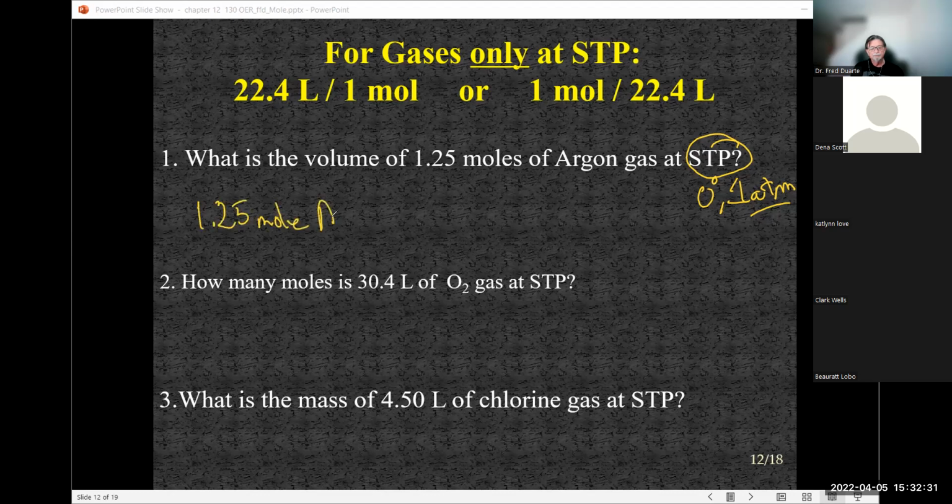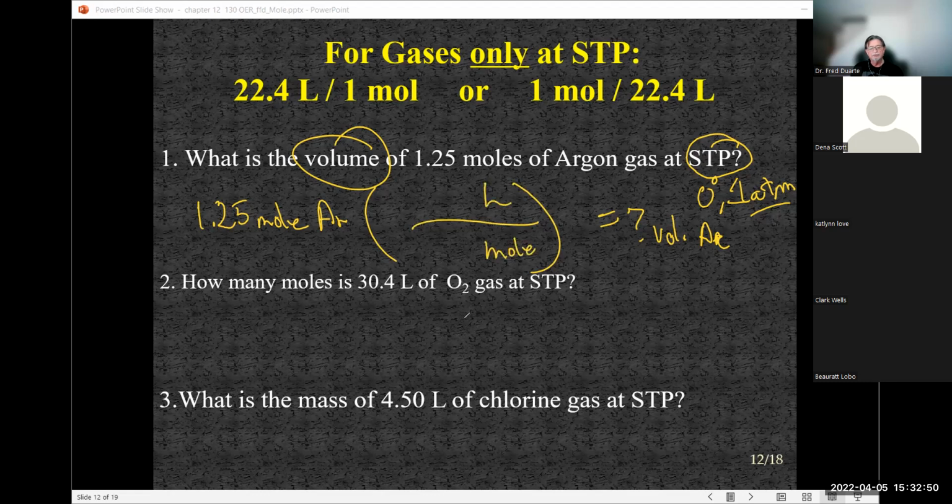All right, so as we do with anything else, we write down what we're given: 1.25 moles of argon, okay? And we're looking for the volume of that gas, volume of argon. So we're at STP, we have moles, so guess what? I got moles in the denominator and liters in the numerator. Okay, so 22.4 liters per 1 mole.